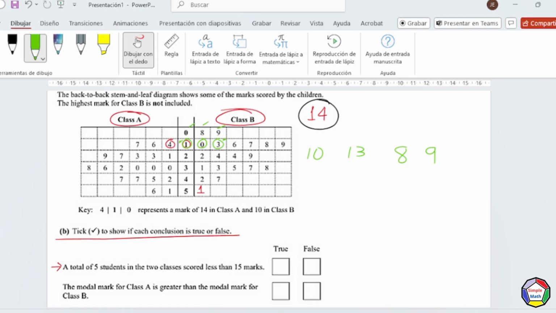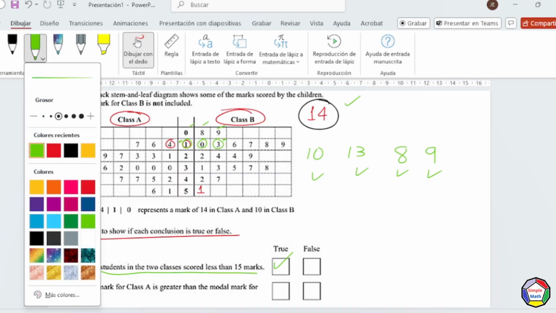So in total, we have 1 student in class A and 1, 2, 3, 4 students in class B. So the total is 5 students, which is good. So the information is true. We have 5 students that have less than 15 points in total in the diagram.